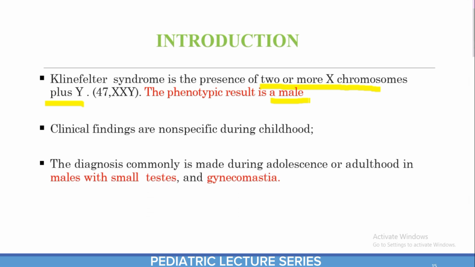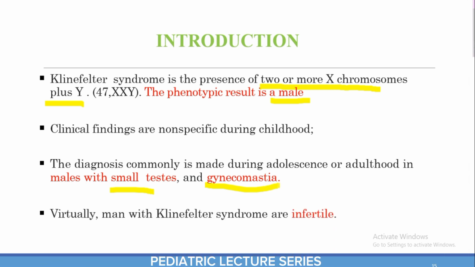The diagnosis commonly is made during adolescence and adult life in males with small testes, and they start to develop breasts. Virtually these men are infertile.